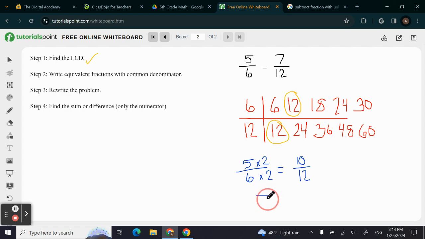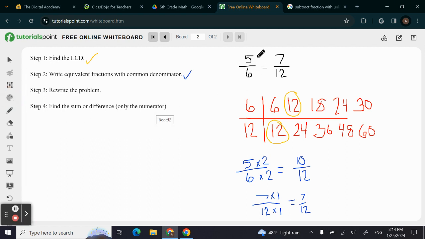And 7 over 12, what do you have to do to 12 to get to 12? Multiply by 1. So our second fraction in our subtraction problem stays the same, 7 over 12. So step 2, check. Step 3, we rewrite the problem in the same order.